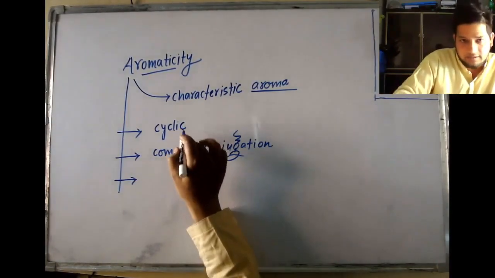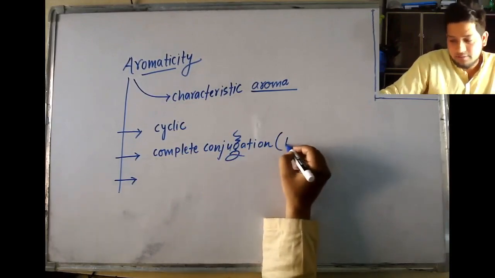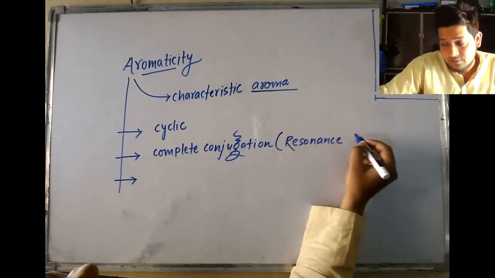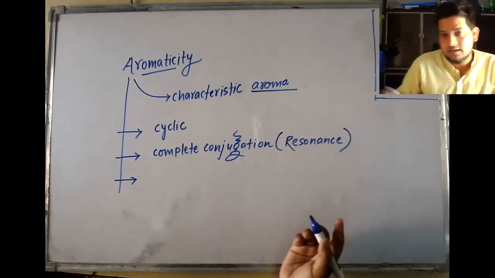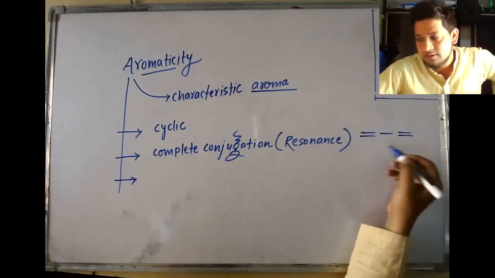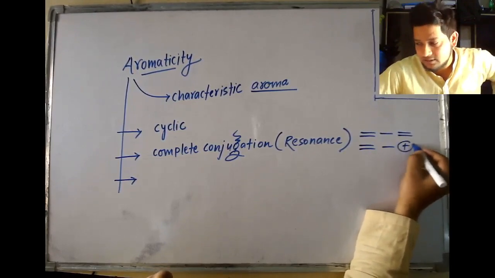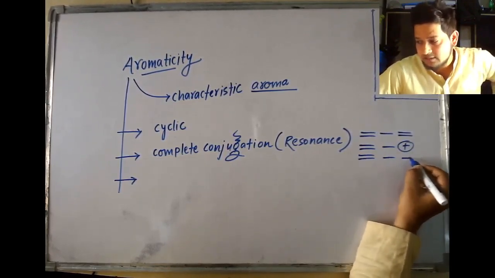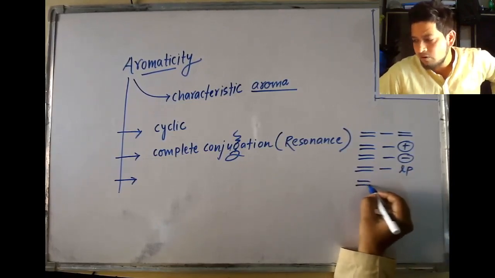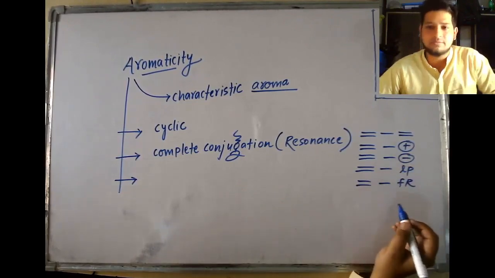There are a lot of conditions for resonance: a double bond, single bond, and double bond in an alternate fashion, or double single plus charge, double single minus charge, double single lone pair, or double single free radical. So these are the conditions for resonance, my dear friends.